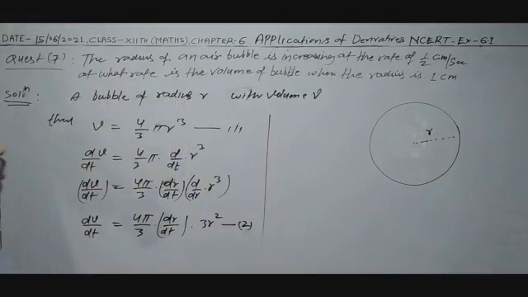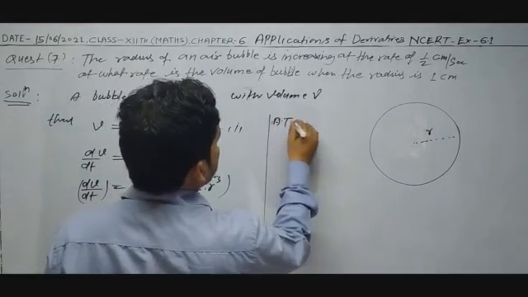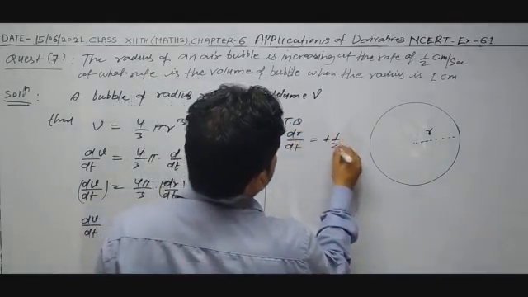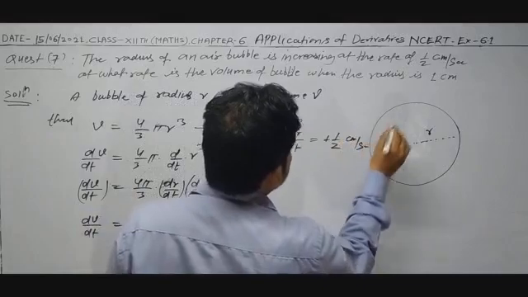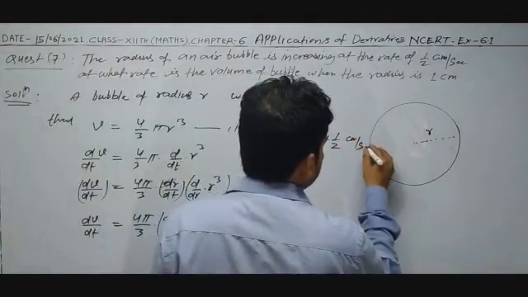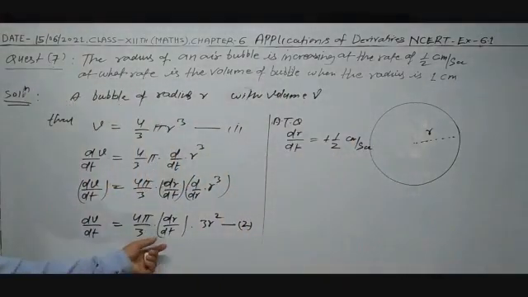And you know, according to the question, dr upon dt is equal to plus 1/2 centimeter per second. So you have to put this value dr upon dt as 1/2.